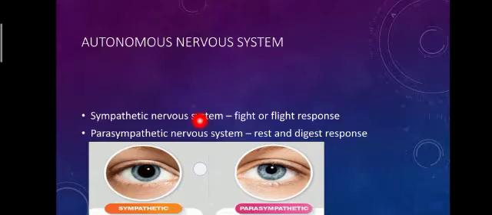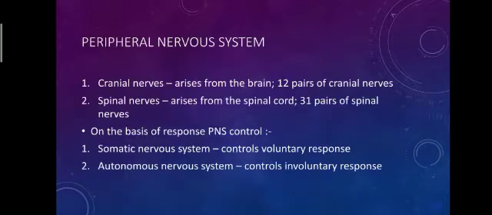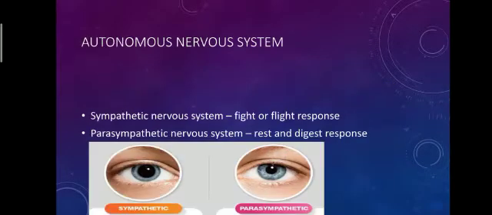So in a simple way we can say that the sympathetic nervous system excites our parts or our activity, and the parasympathetic nervous system brings those parts to their rest position. So we understood that the peripheral nervous system, on the basis of its control, is divided into two parts: the somatic nervous system and the autonomous nervous system.